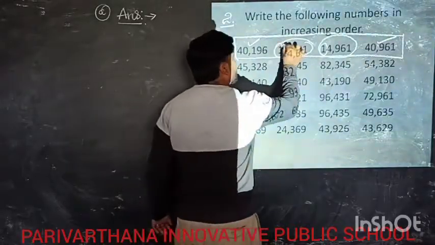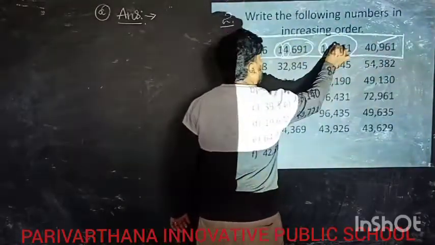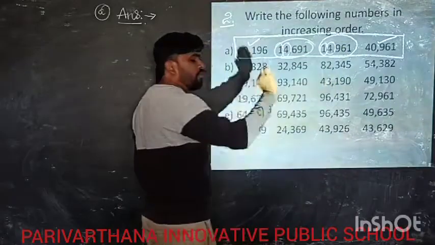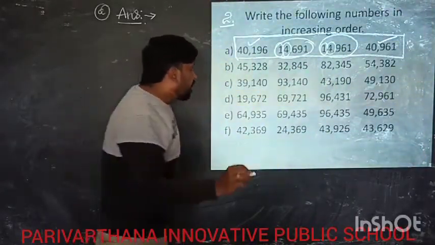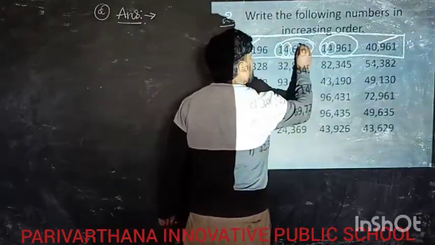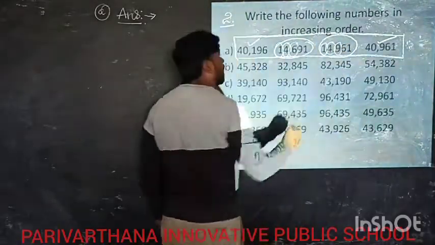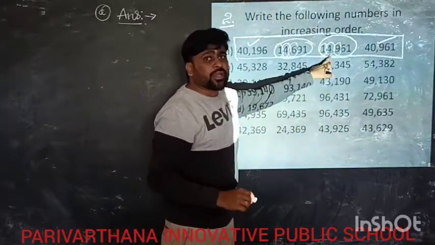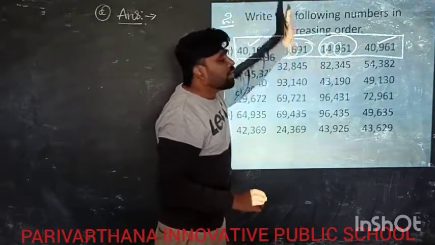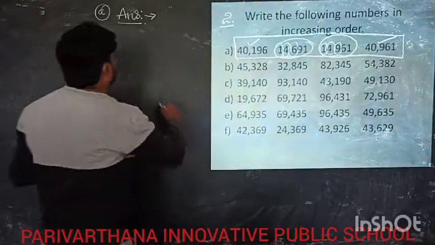Again come to the 1000 place, it is 4, again the 1000 place, it is 4, again we cannot find out which is the small number. Now come to the 100 place, it is 6 and this one is 9, that means this is the small number and this one is the big number, that means this is the first number and this comes second.